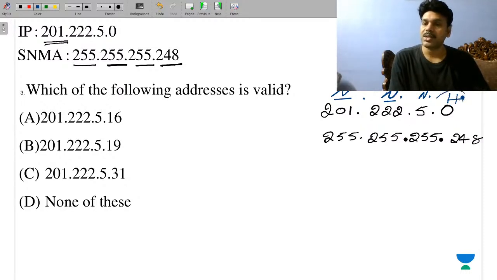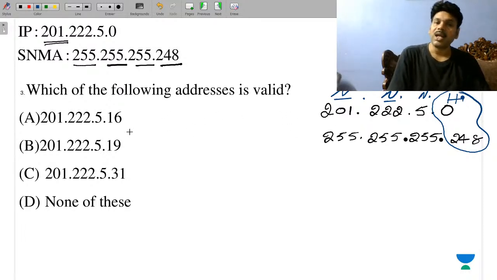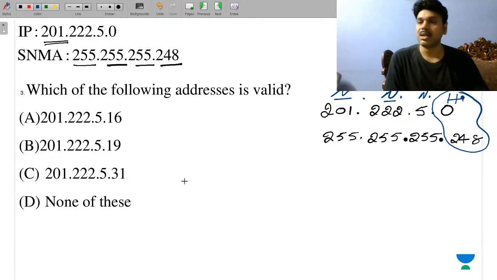So our intention is to find the subnet ID and subnet broadcast address, and we will observe whether these addresses fall in that range or not. Otherwise, you derive the different subnets, and you will also come to know the same answers without any doubt. So I am deriving the different subnets.